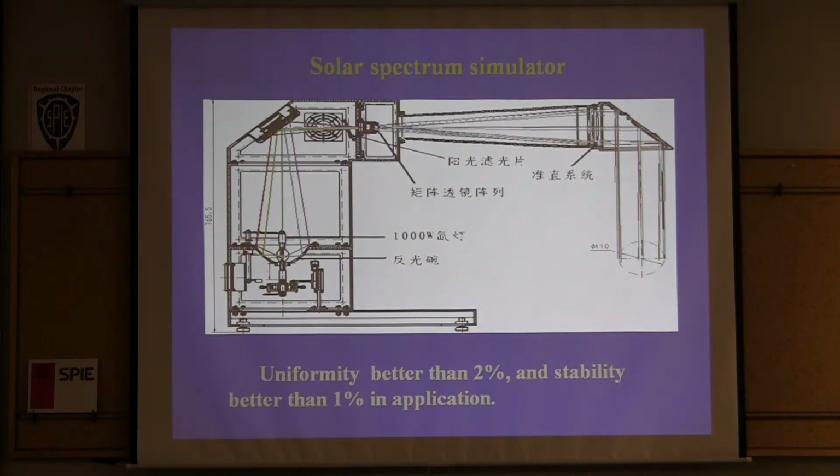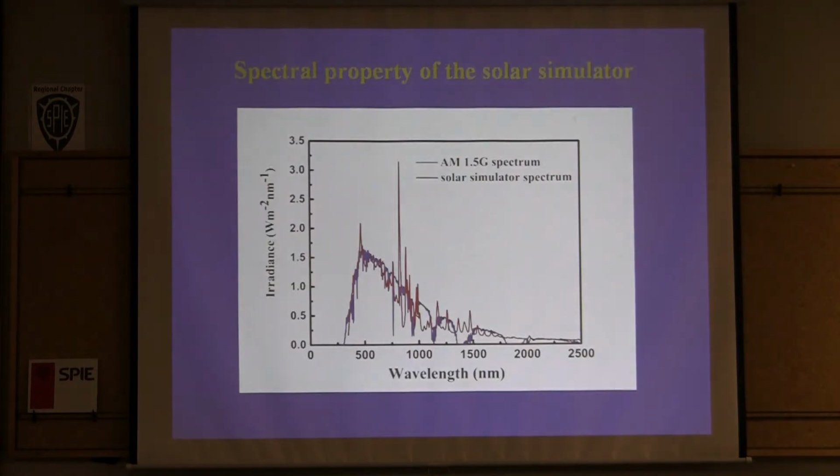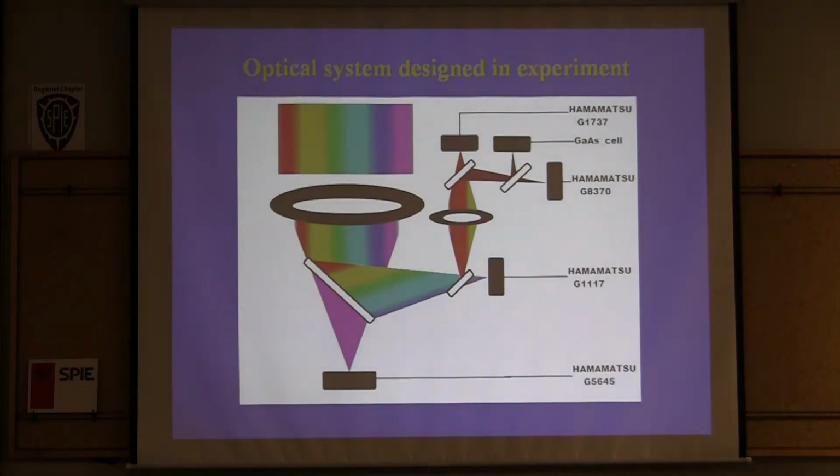This is a solar spectral simulator. Then this optical system: the whole solar radiation, but the lens focuses on the filter. The first device absorbs part of it, and the other spectral light is reflected.